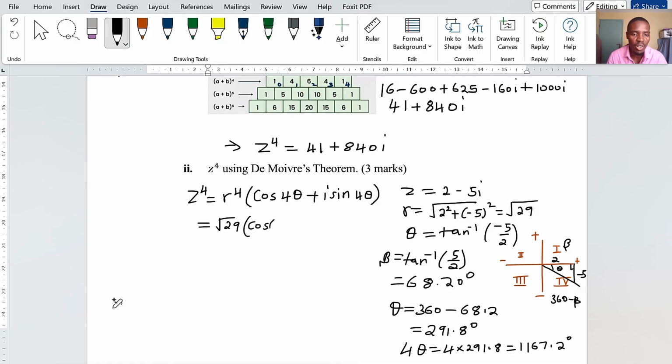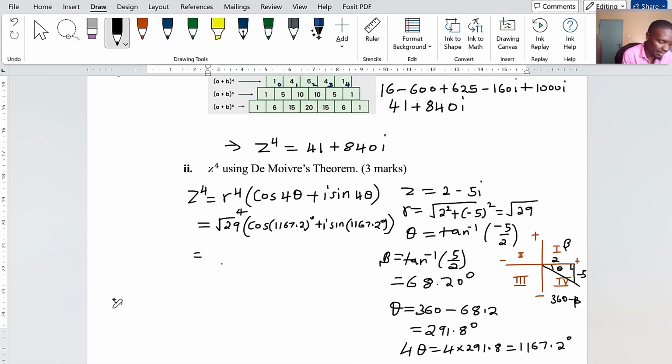Now we have cos 1167.2 degrees plus i sine 4 times theta again, 1167.2 degrees. Then I close. And remember R is to the power 4. I was almost forgetting that.